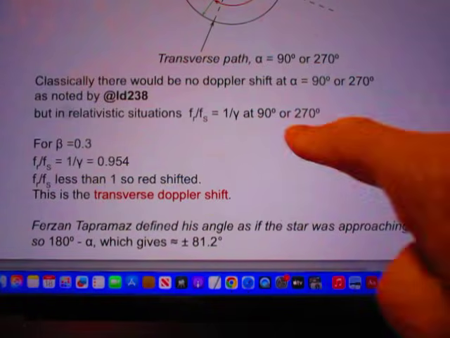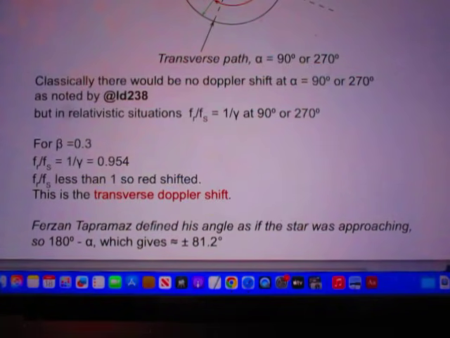So for angles 90 degrees and 270 degrees, the ratio Fr over Fs is still 1 over gamma. And gamma is always larger than 1. And so there is always transverse Doppler shift, which is redshift.